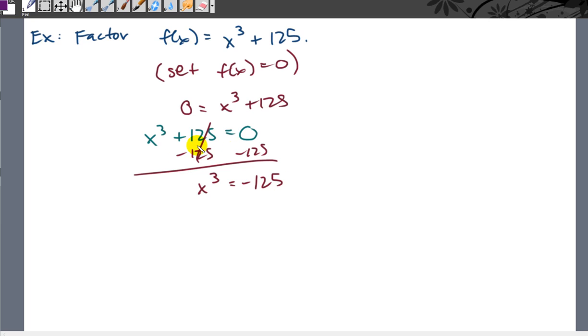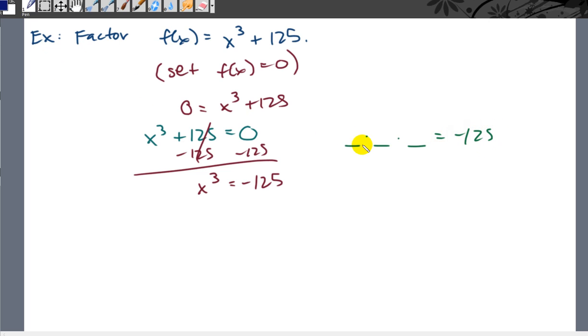Now this is where it gets a little bit interesting. Cube roots actually can be negative. We can do the same thing and take the cube root of both sides. What number, if you multiply 3 of the same number, will you get negative 125?